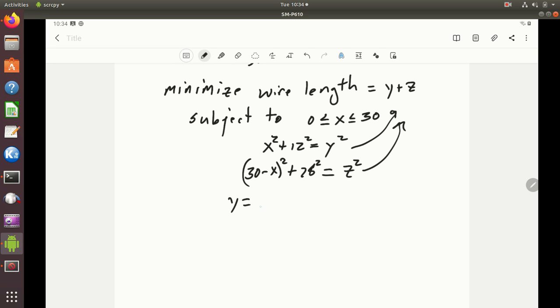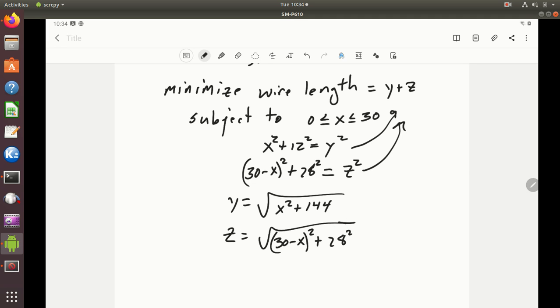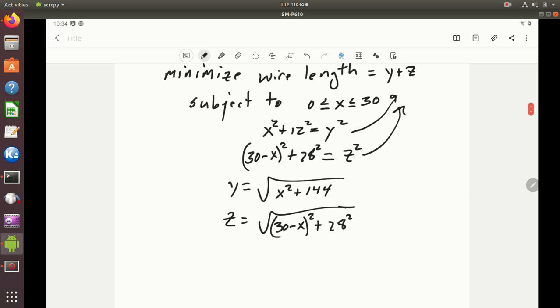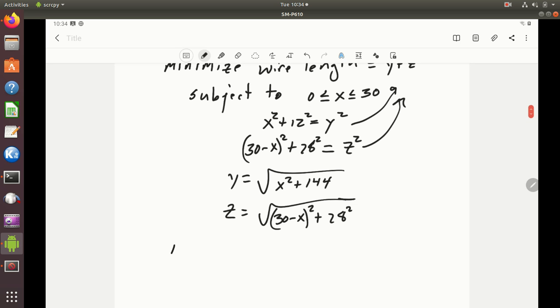So y is equal to the square root of x squared plus 144, and z is equal to the square root of 30 minus x squared plus 28 squared. And so what we want to do is minimize that sum.